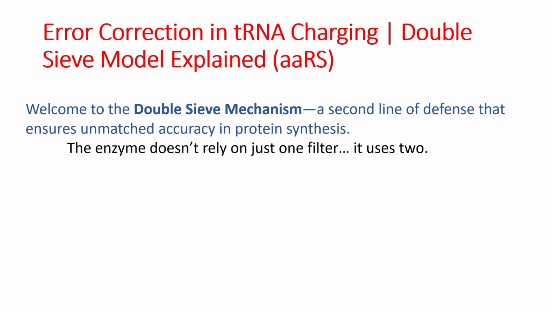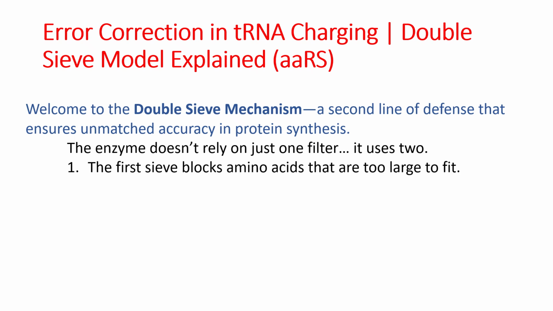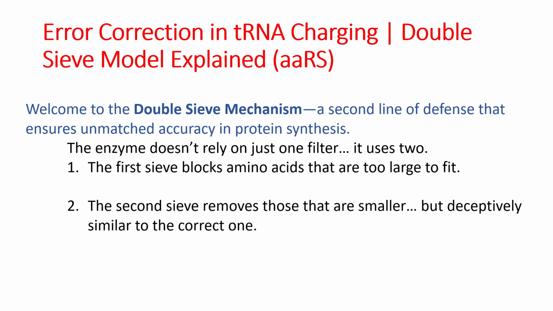The enzyme doesn't rely on just one filter, it uses two. In this mechanism, which is called the double sieve model, the first sieve blocks amino acids that are too large to fit in the active site. The second sieve removes those amino acids that are smaller but deceptively similar to the correct one.